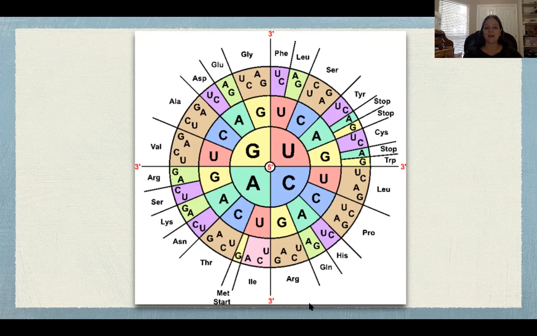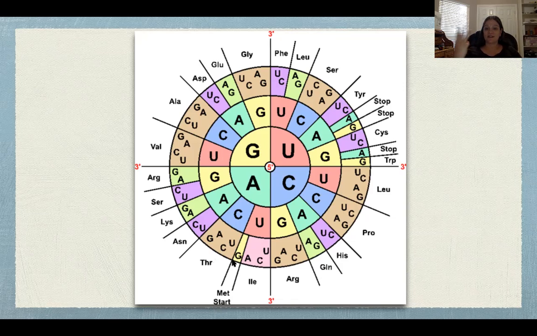A couple other things to point out. We do have a start codon. The first codon for every protein chain always starts with methionine, MET. So the first codon is always AUG.